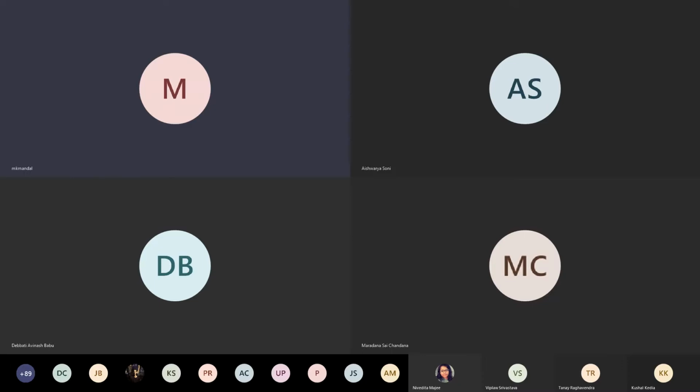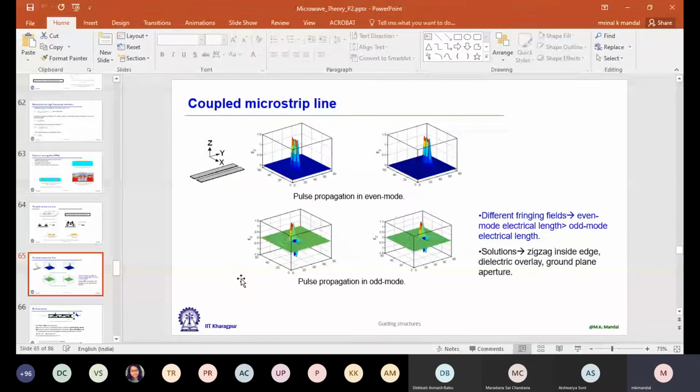Well, let me show one more picture. This shows in time domain how a pulse looks. This is from my own FDTD code. What I'm doing here is considering two parallel microstrip lines which are coupled to each other.